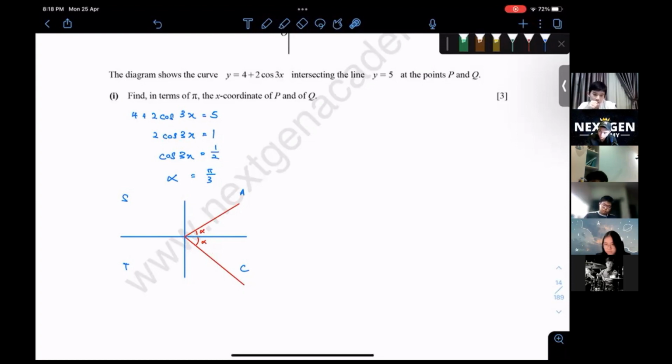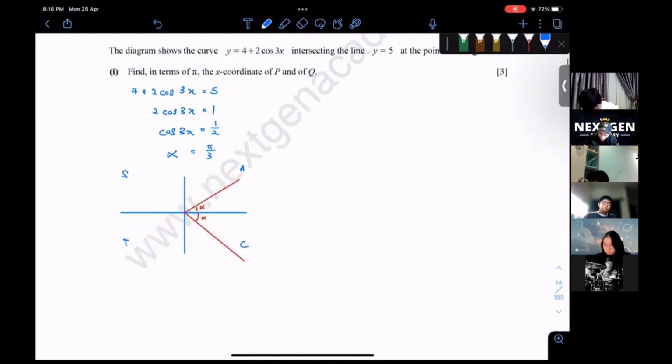So your answer will now be like this. Your 3x will be negative pi over 3 and pi over 3. This is a very, very tricky question because they don't even give you the domain. Then therefore x will be equals to negative pi over 9 and pi over 9.